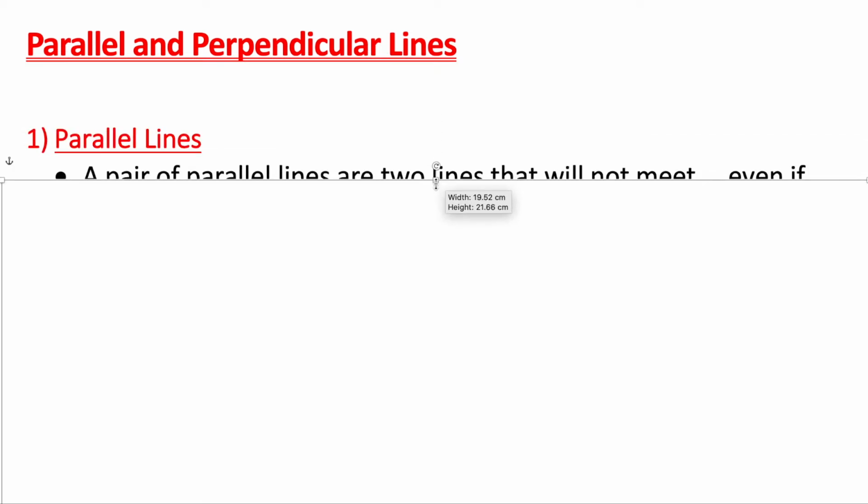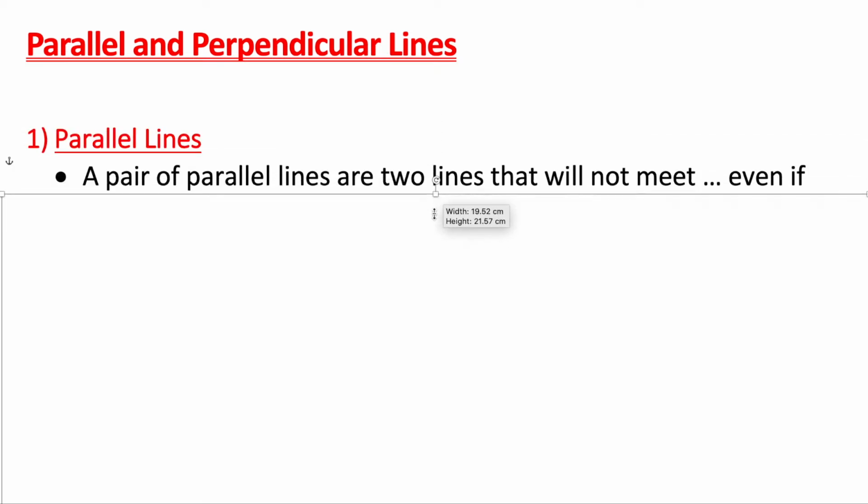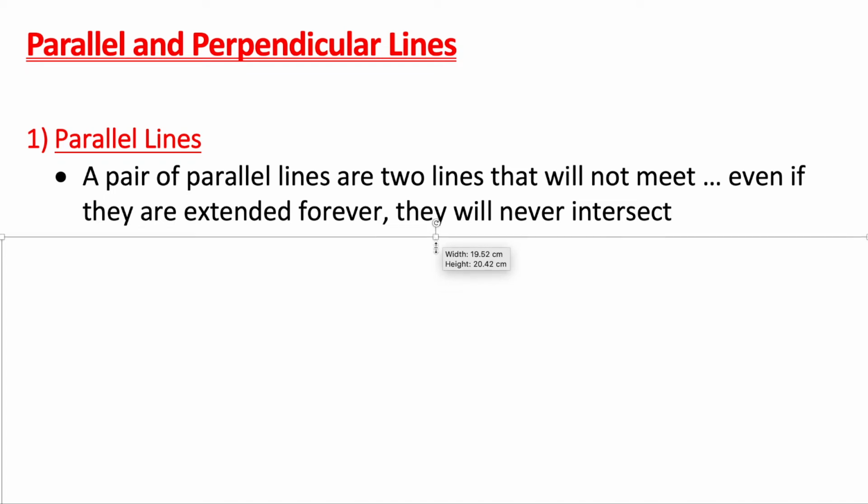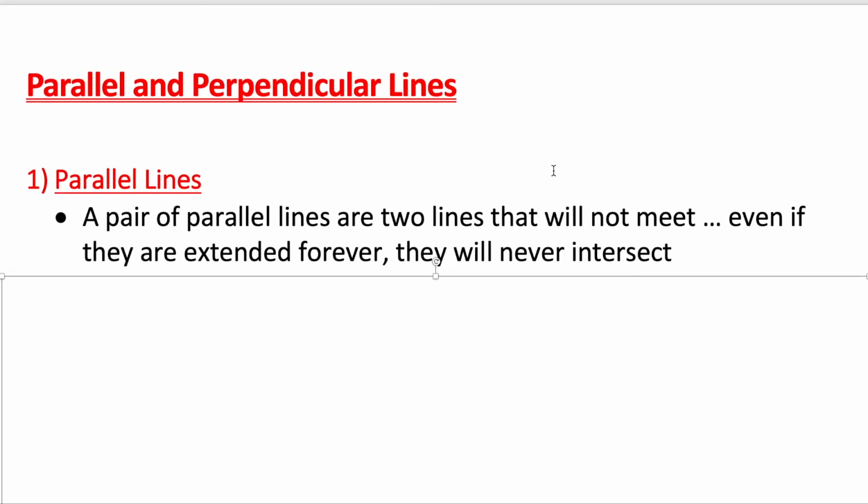So we're going to start talking about parallel lines, okay? A pair of parallel lines are two lines that will not meet, even if they're extended forever. They will never intersect, okay?